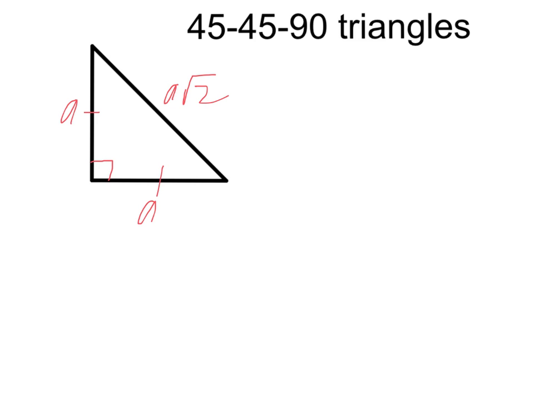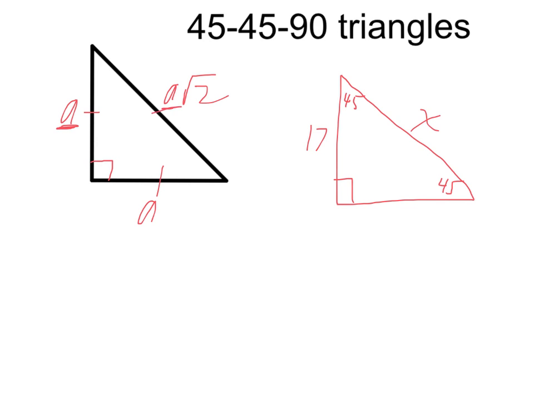So now if I give you a right triangle, and I tell you that this side is 17, and that those angles are 45, those angles are equal, and I ask you to find the length of the hypotenuse, you can find it without doing any work, because the hypotenuse is just the square root of 2 times the leg. So if the leg is 17, which over here is a, the hypotenuse has got to be 17 rad 2. That's it. It's just that easy.